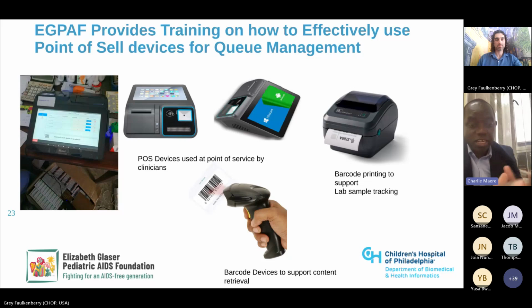We also train and provide a lot of education in queue management using point of sale devices, mimicking your Starbucks or Walmart approach, where a salesperson manages a lot of queue but ensures that standards are kept and everyone is served with the right standard of care. Next slide.